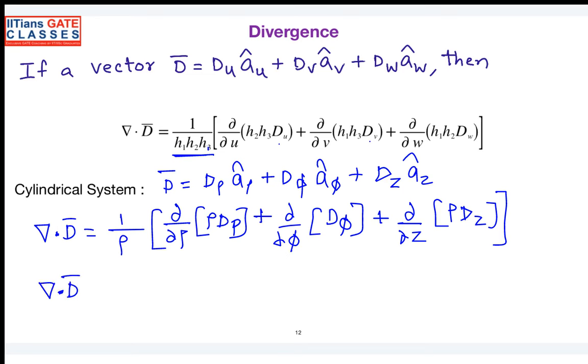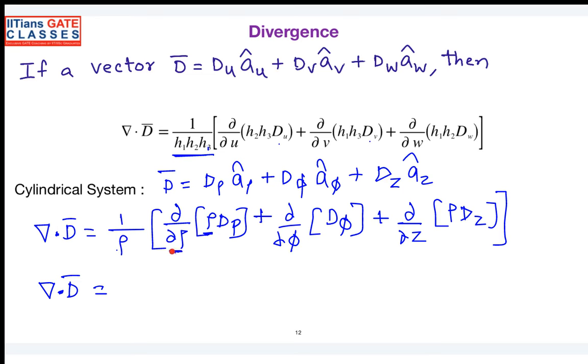The reason is there is a partial differentiation with respect to rho only, because rho is a dependent variable here. You are taking the differentiation also with respect to rho. You should not take rho outside. Most of the people used to make the mistake here only. They used to take rho common and get it cancelled with the denominator here. That you should not do, because the differentiation itself is rho and this is also rho. You should not take rho outside because rho becomes a dependent variable.